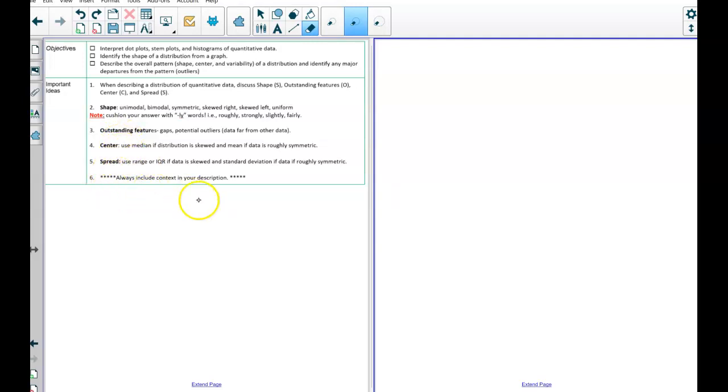And make sure to always include context in your description. You will find when we start reviewing for the AP exam, their first question is normally based on a description. And you'll see more of this in the next few lessons.